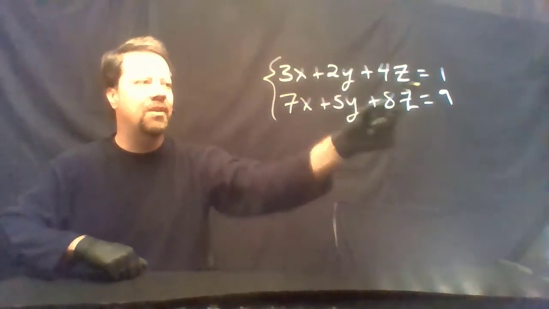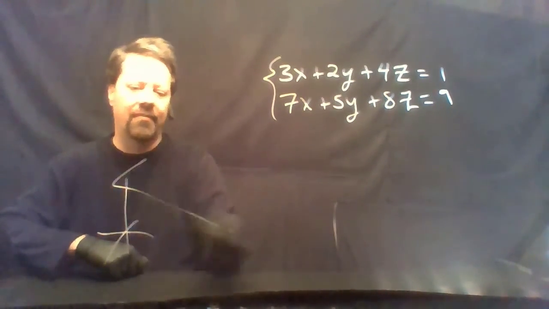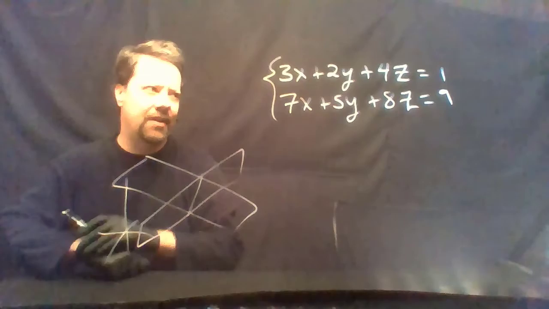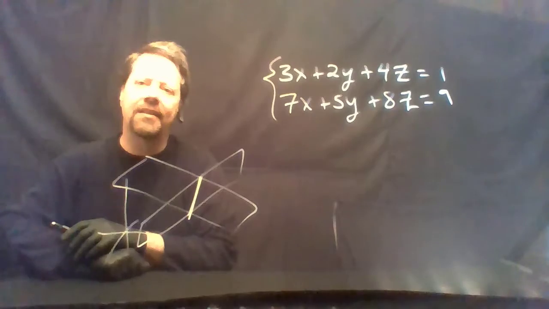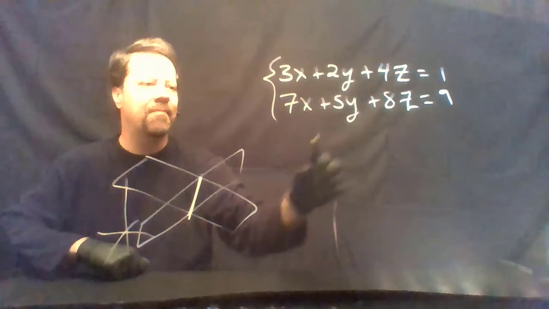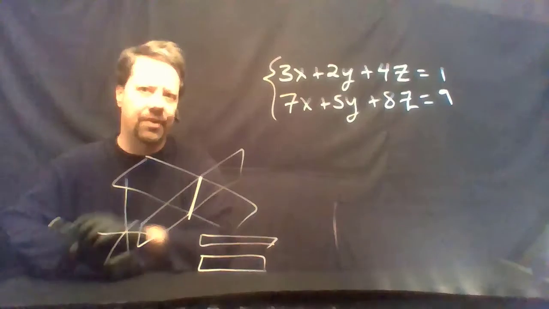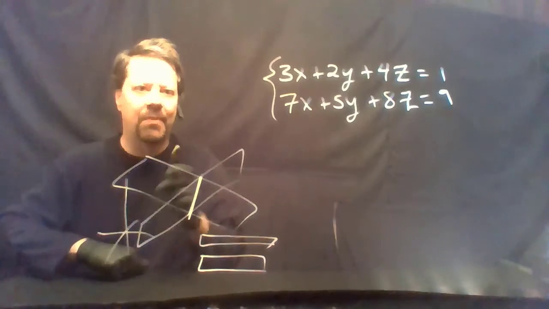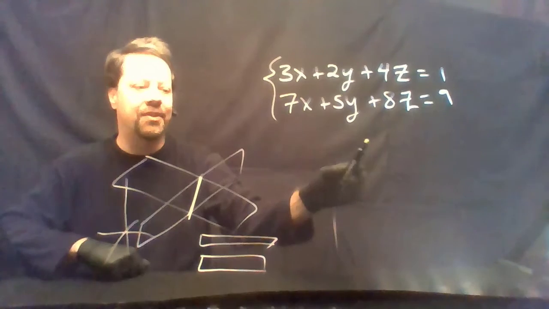In this system, each equation represents a plane in space. If these planes are not parallel, and these particular planes are not, then you should get a line of intersection. We're expecting there to be infinitely many solutions. So in underdetermined systems, you either expect to get no solutions if the planes, for instance, are parallel, or infinitely many solutions, but you do not expect to get exactly one solution.